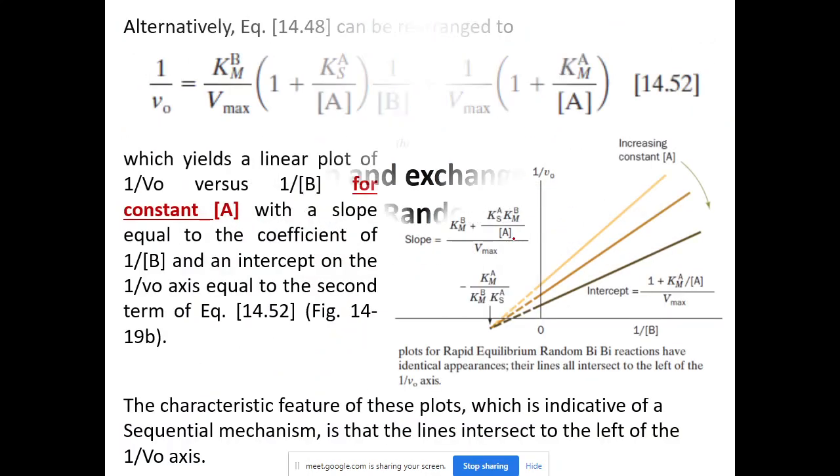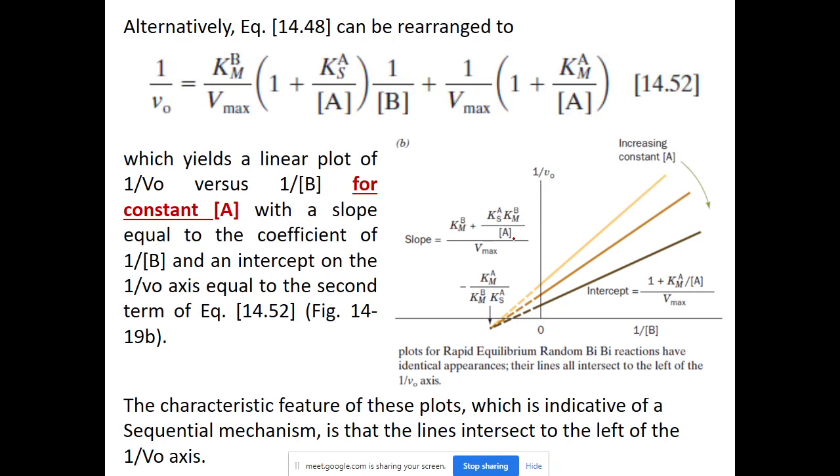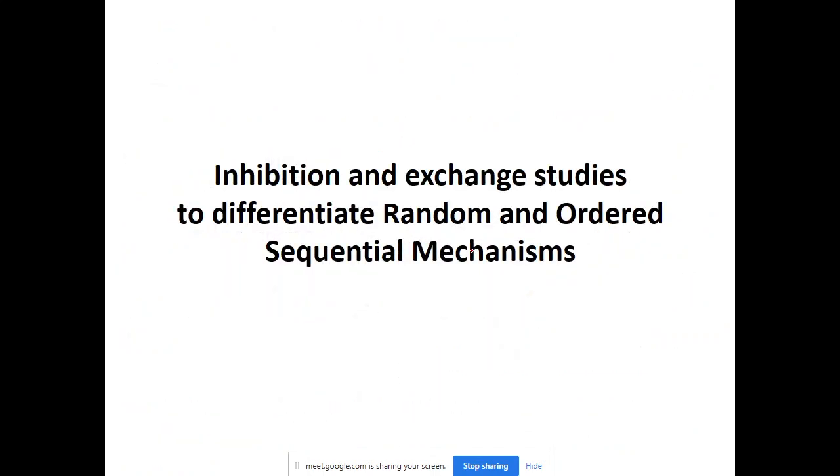So this is the plot for 1/V0. This is how we distinguish between what is a ping pong mechanism and what is known as the sequential mechanism. So I think this topic we shall take up tomorrow. Now, where are we heading?